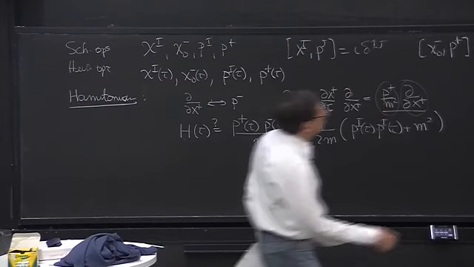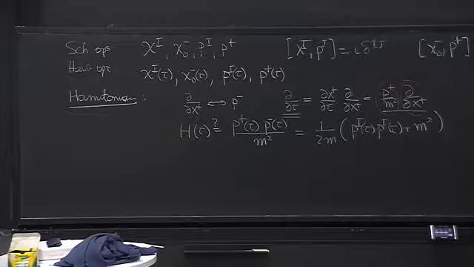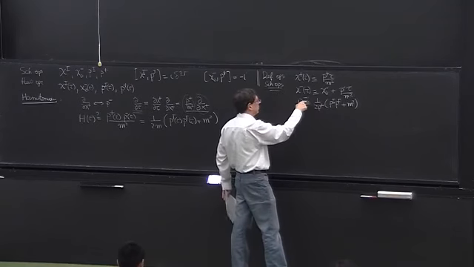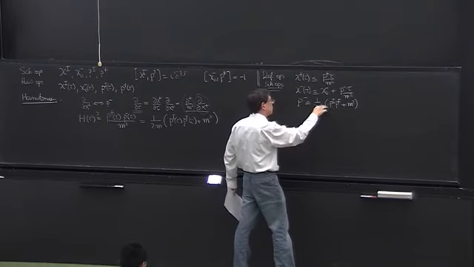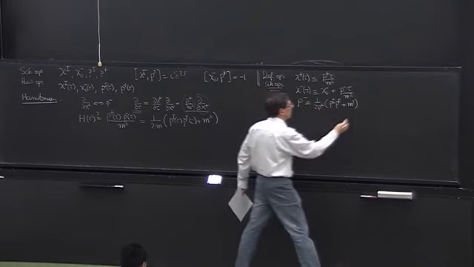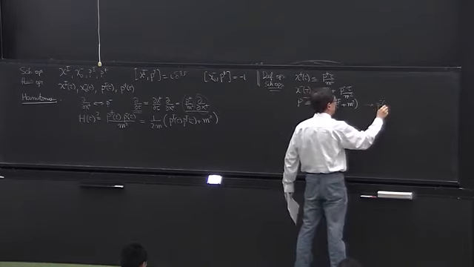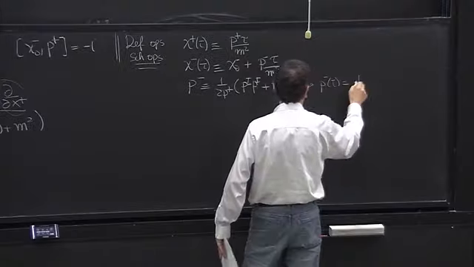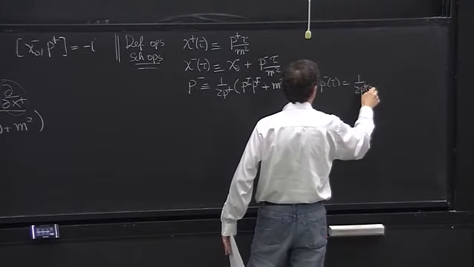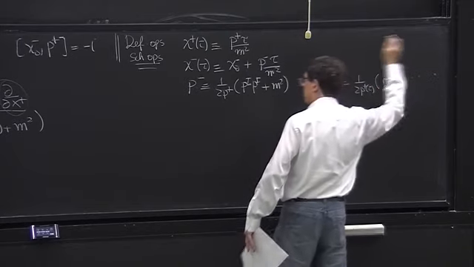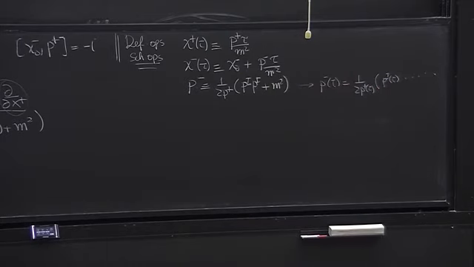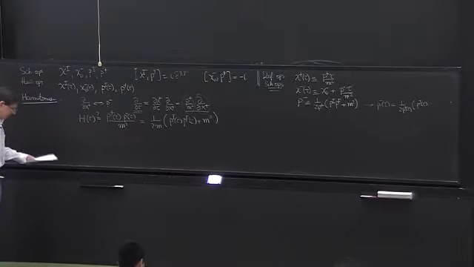Whenever you have a product of Schrödinger operators, the Heisenberg operator is the product of the corresponding Schrödinger operators. So from here you would have that p minus of tau is equal to 1 over 2p plus of tau times pi of tau squared plus m squared. So here is our guess, and let's see if it does anything right.